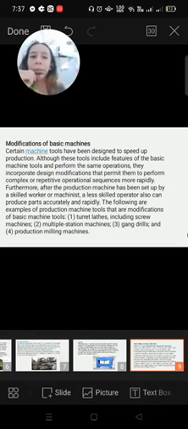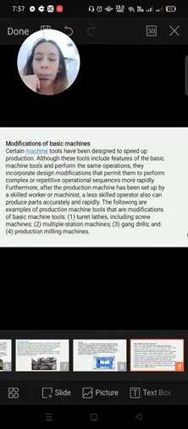Furthermore, after the production machine has been set up by a skilled worker or machinist, a less skilled operator also can produce parts accurately and rapidly.